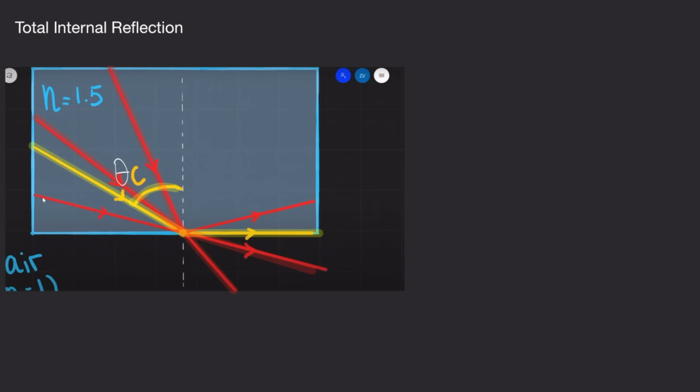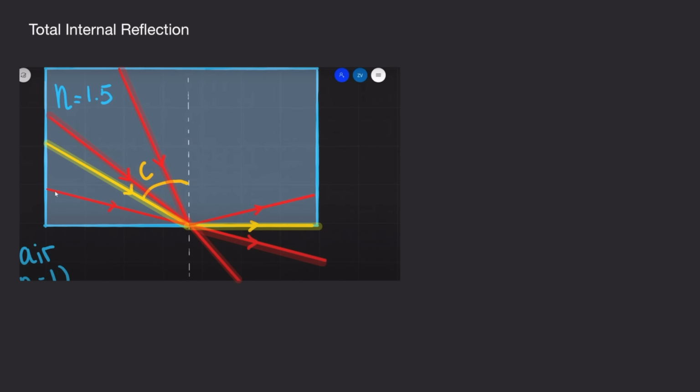And above this angle, only pure reflection occurs rather than any refraction. If we go above that critical angle, we are going to remain perfectly inside, totally internally reflected inside of the original substance. And this is known as total internal reflection.